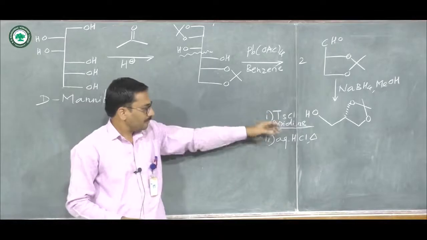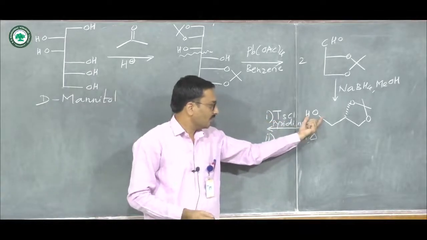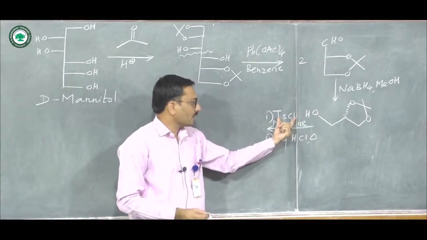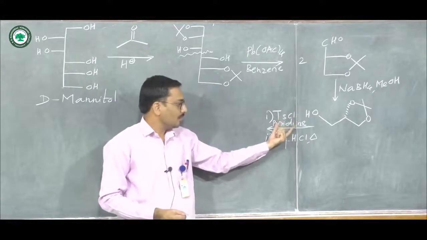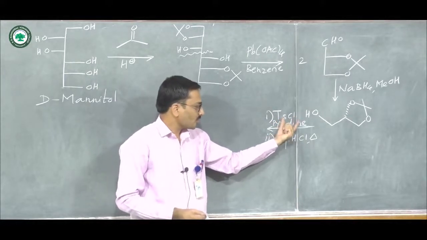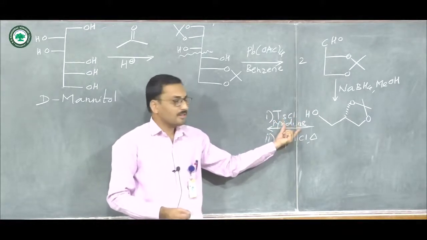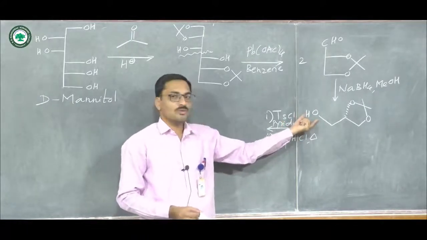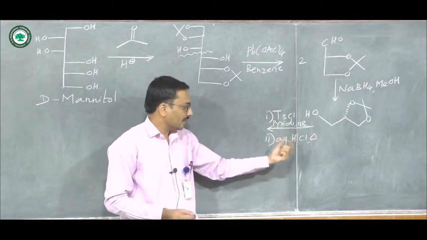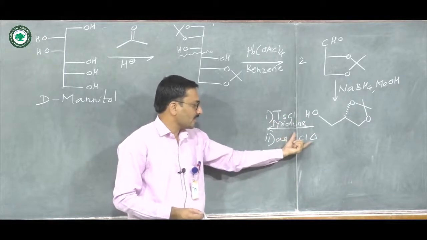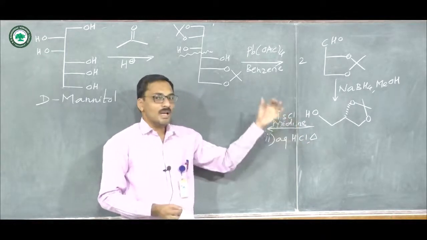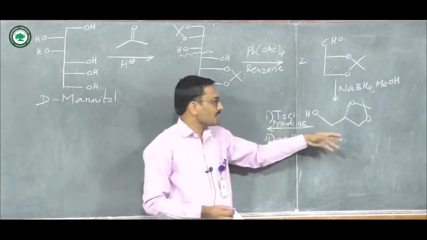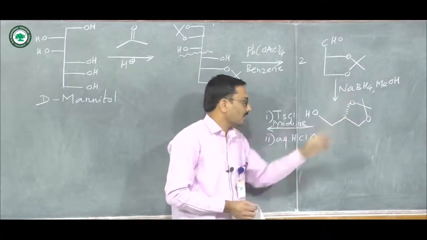In the next step, this alcohol is allowed to react with tosyl chloride in presence of pyridine. This tosyl chloride in presence of pyridine converts OH into the OTs group. In the next step, we use aqueous HCl, which acts as a deprotecting reagent for this ketal.